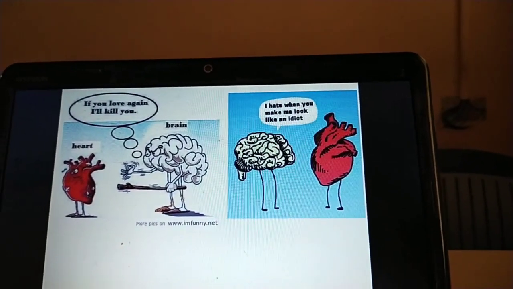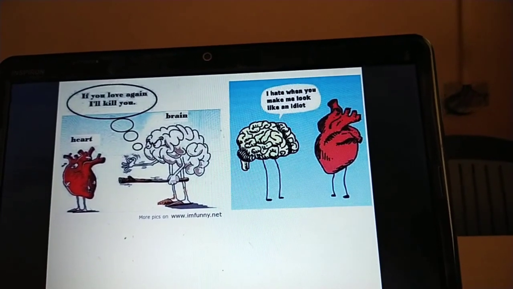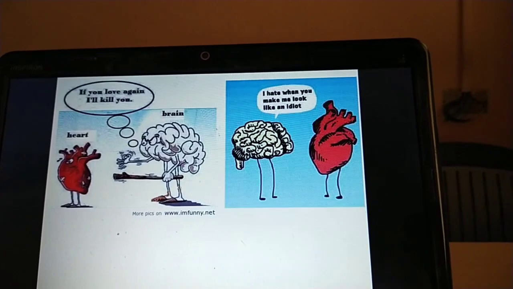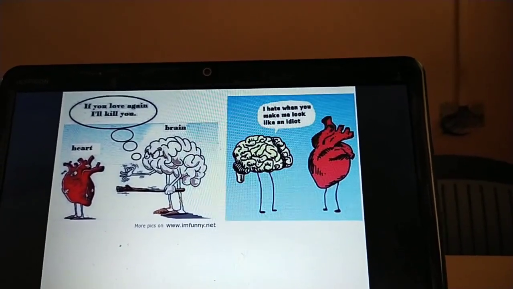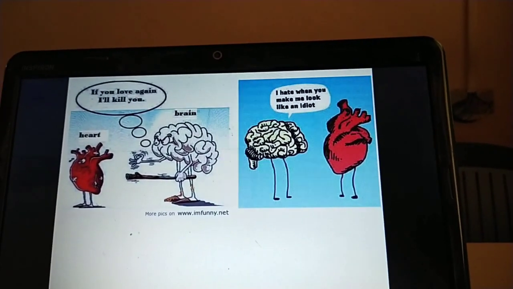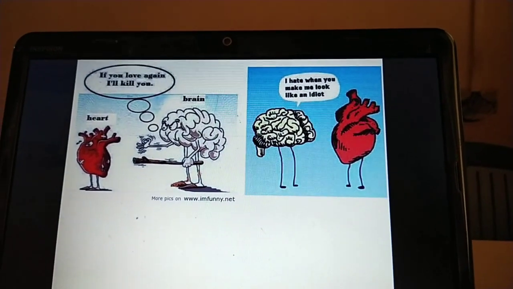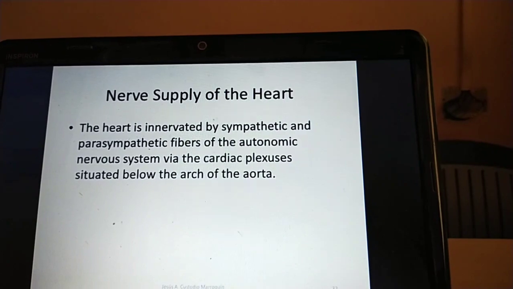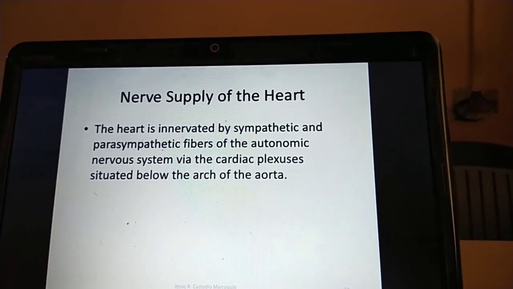Okay, this is just quotes about the relation between the heart and brain. The heart never agrees with the brain. They sometimes differ. Just quotes, not to be taken seriously.